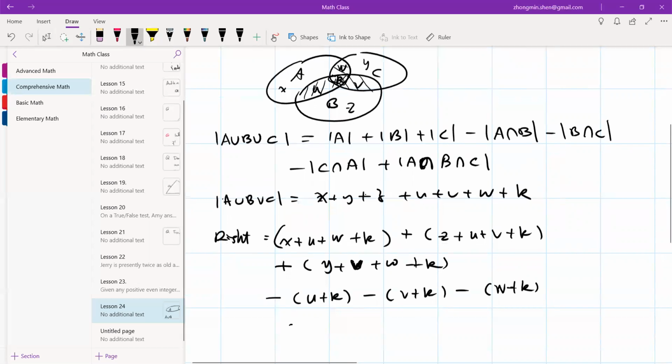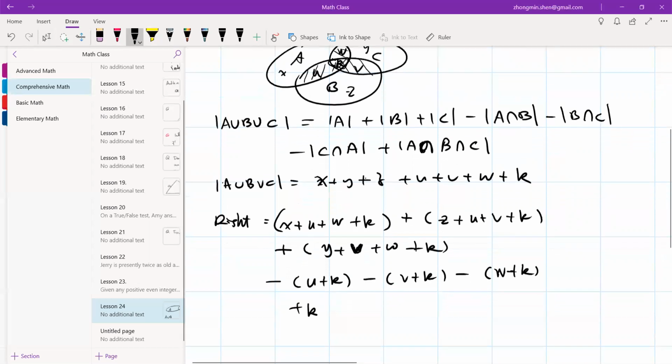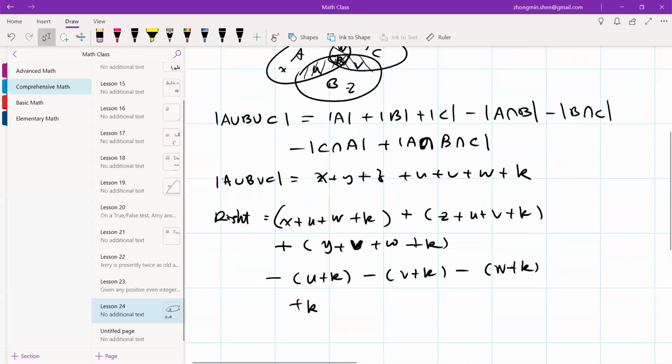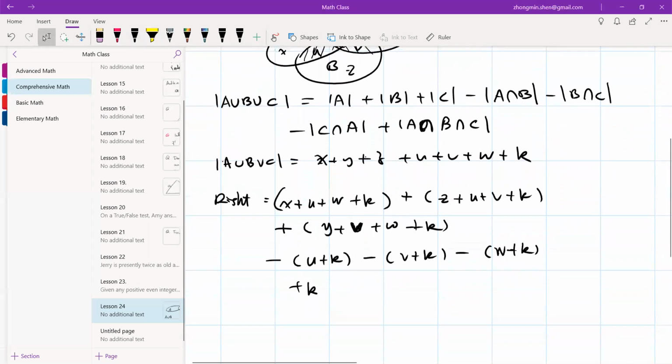So you have to add the K back. K is the intersection part. Then you get X plus Y plus Z plus U plus V plus W plus K. So this is a nice formula.